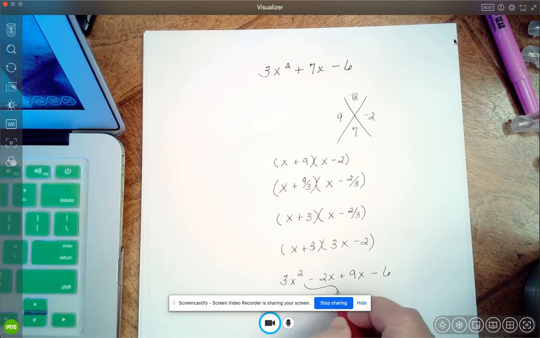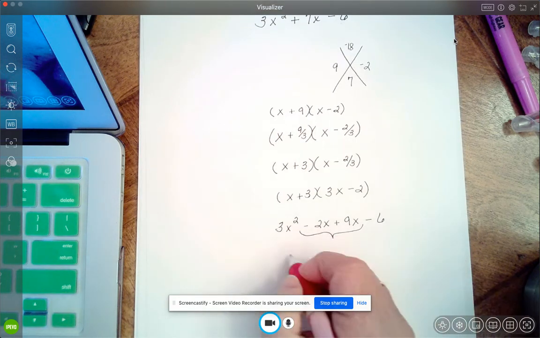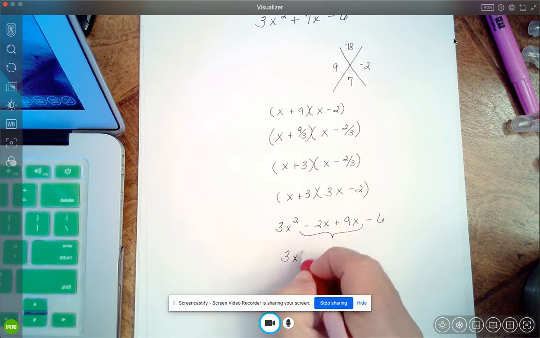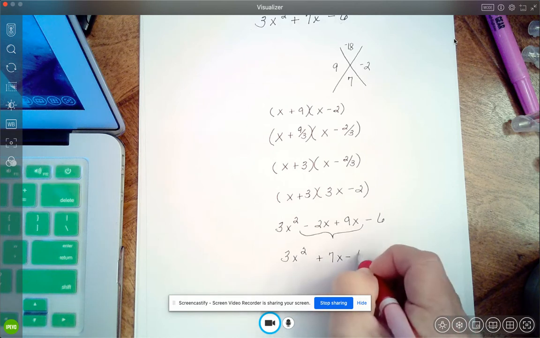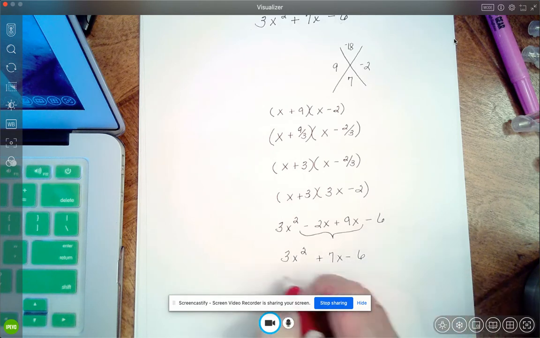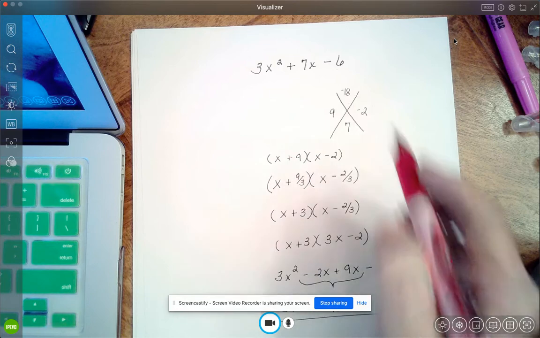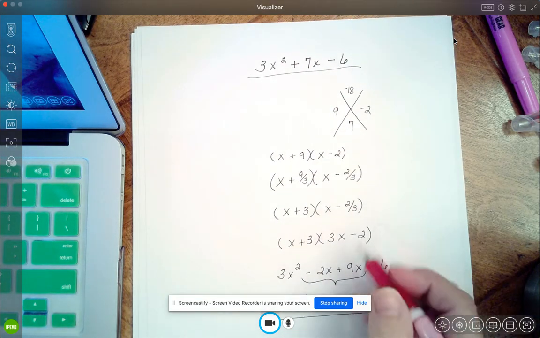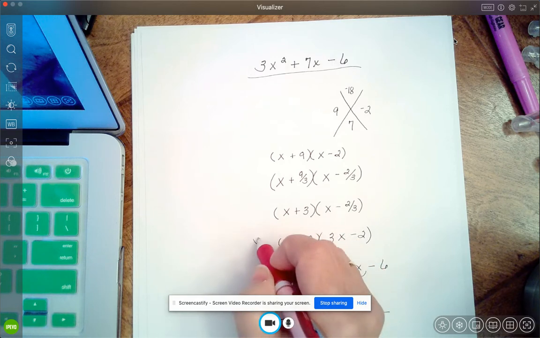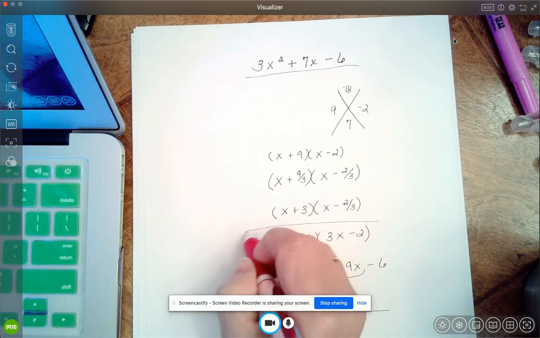When I combine like terms, these are the only two terms that are the same. I have 3x squared plus 7x minus 6. And if I look here, that is the exact same thing as we had to begin with. So here is my answer, and I have factored that.